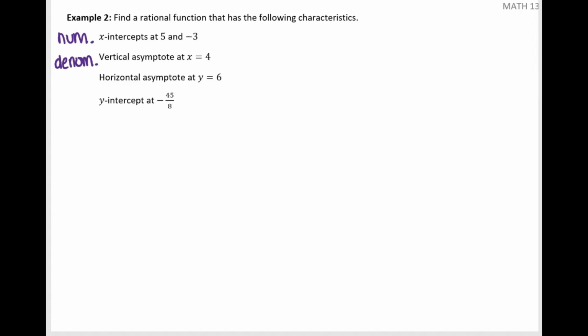We have a horizontal asymptote of y equal to 6. Because we have a horizontal asymptote of y equals some number, not a slant asymptote, and it's not 0, we know that the degrees must be equal.